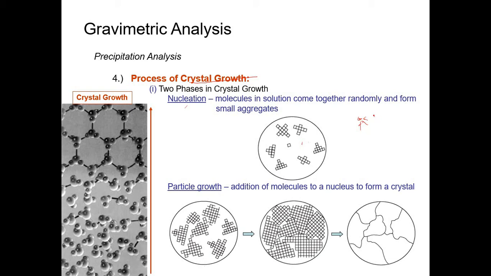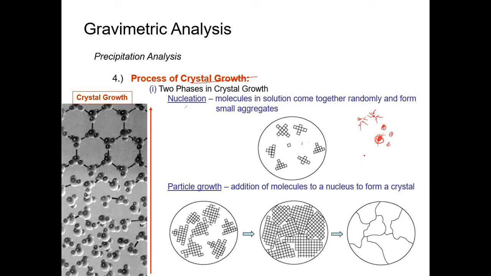If you have more than one nucleation center, you will form more small aggregates. That is the process of nucleation. For particle growth, molecules are added to a nucleus to form a crystal. From nucleation, the particle grows as it adds more molecules to what has nucleated, and it gets bigger.